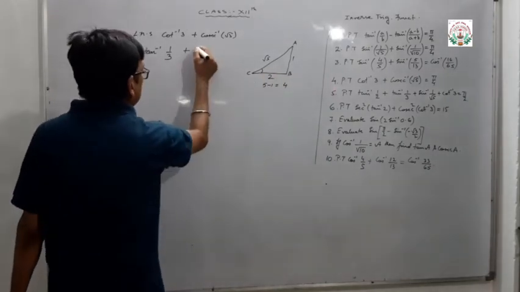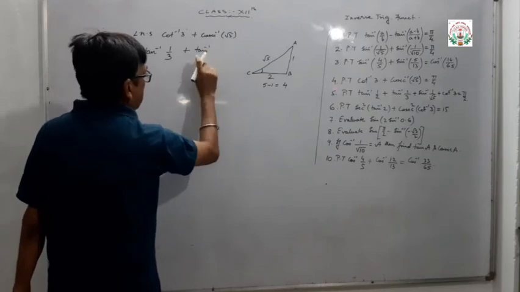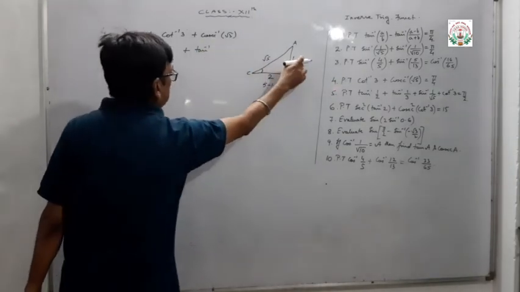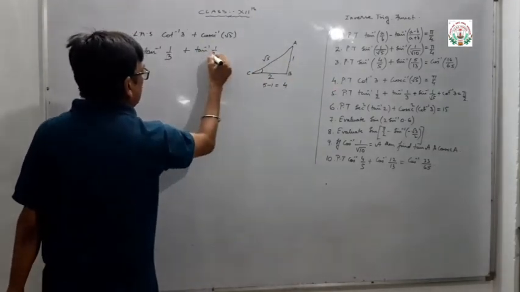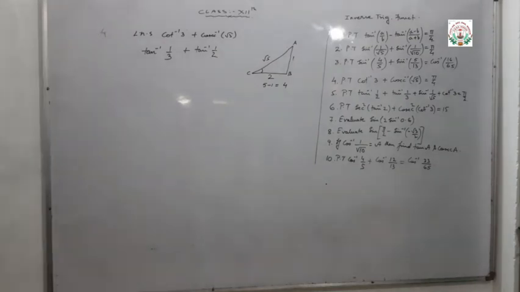So now we can convert it in the form of tan. The tan formula is perpendicular by base, so this becomes 1 by 2, tan inverse of 1 by 2.